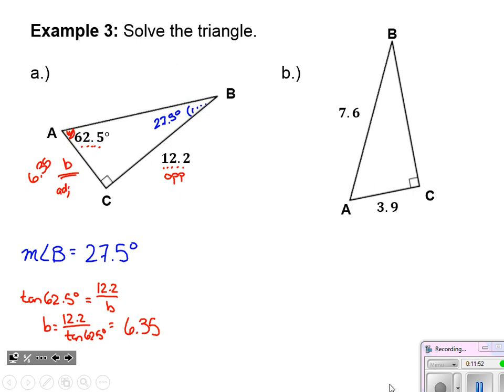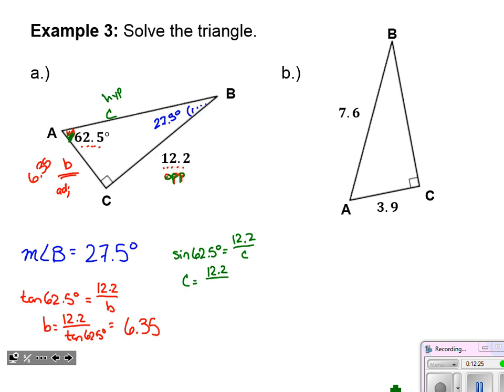Okay, and lastly, we need to find the hypotenuse, or side length C, up here. And I've got a couple different options. I could use that 62.5 and use maybe, and this is what I would choose because I think it's fastest, again, I've got 12.2 as my opposite side, and I'm trying to find the hypotenuse. So I would say, okay, well, the sine of that 62.5 is going to equal 12.2 over the hypotenuse.